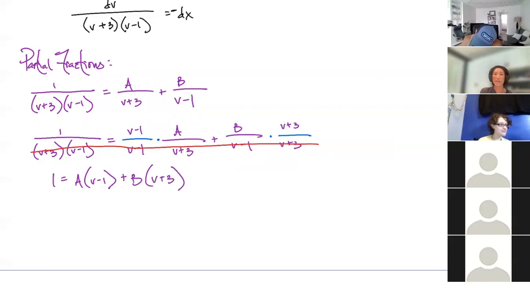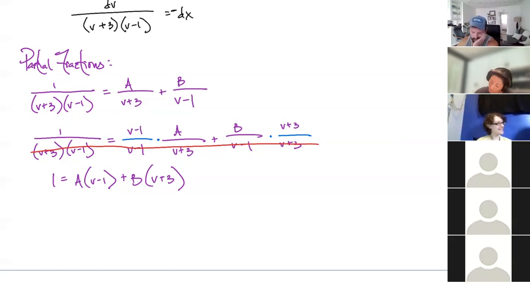There is a shortcut here that we can use to solve and find values for a and b. Okay. One thing we can do is be very clever about the numbers we choose for v. And if we're clever, we can make either a or b go to 0, and then we only have one variable to worry about.